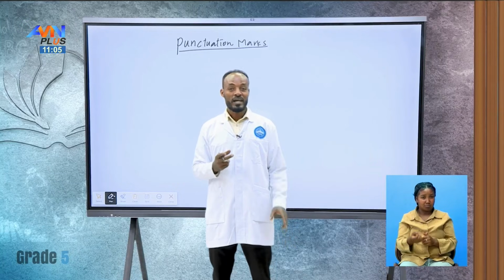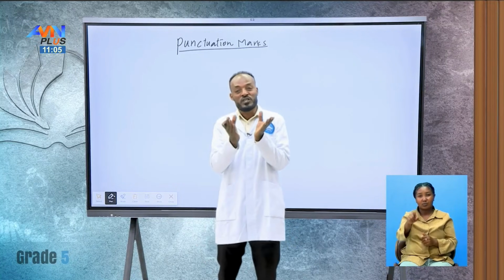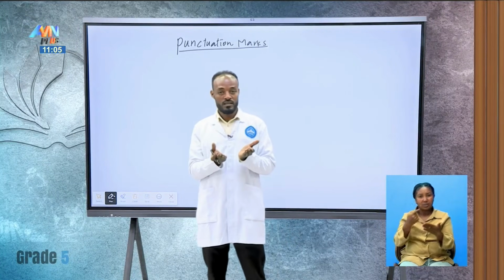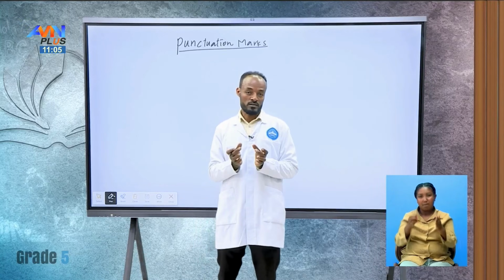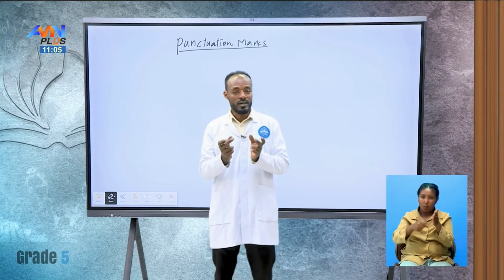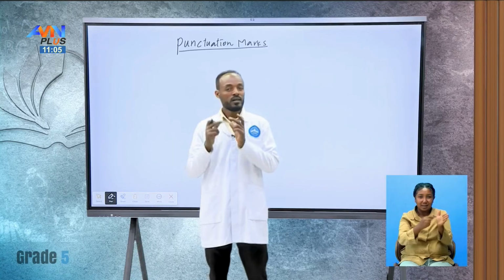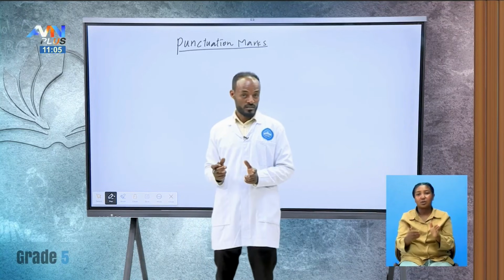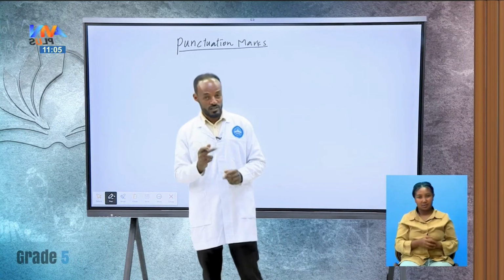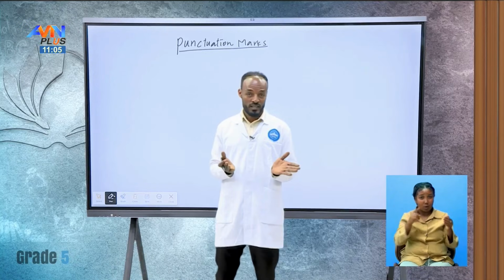Is that clear? And also you are going to identify the difference between these punctuation marks, like comma, colon, semicolon, and also quotation marks. Is it clear? Good. So I hope you are ready, okay?